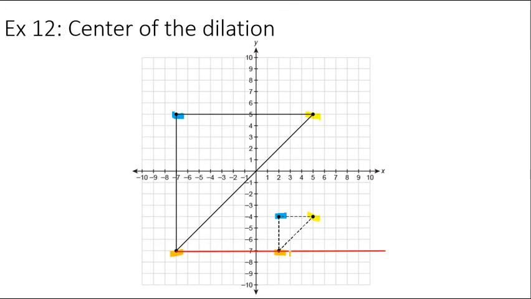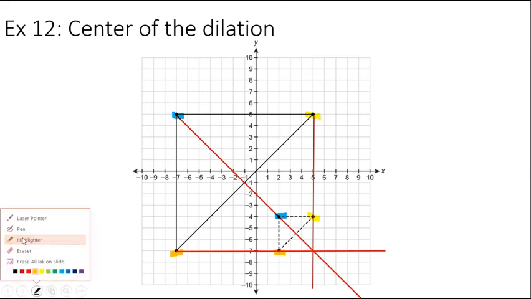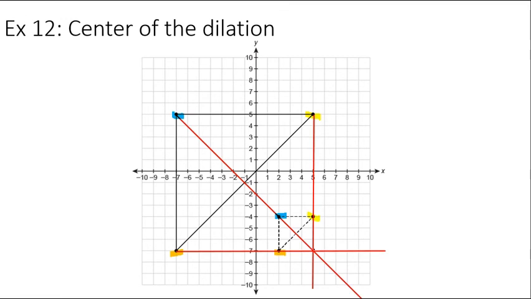So right there, and right there. So it means that the center, so this right here, and then the point right there would be at (5, -7). Okay, so we're done with today's notes.